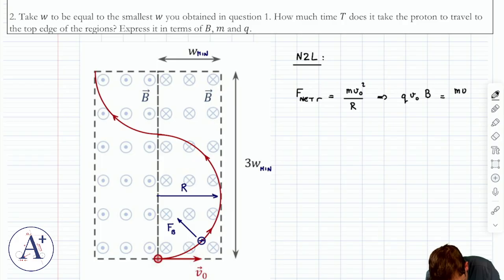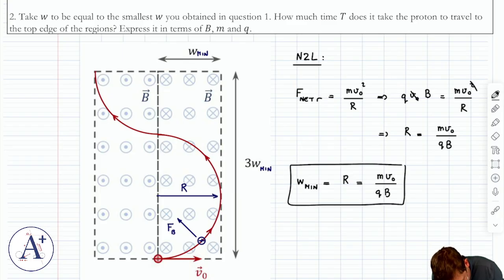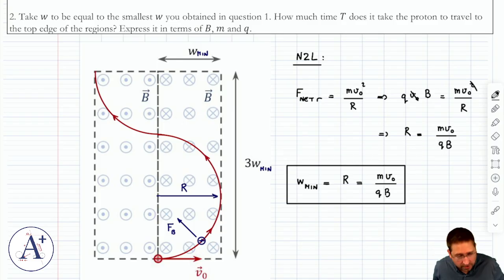And this is going to be m v0 squared over R. And so just like we derived earlier, R is going to be m v0 over QB. And so W min is going to have to be equal to R. And so it's going to have to be m v0 over QB, at least. All right. So that's W min.